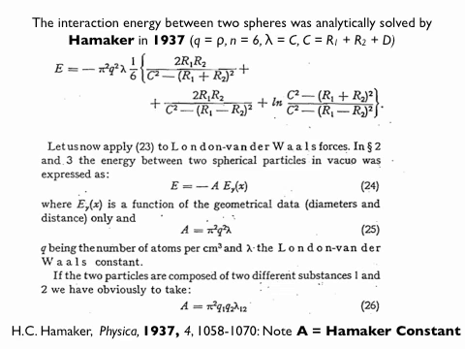And effectively what it came down to was a preterm there for n is 6 in this case, and a very, very long, chunky term that basically described the distance between the two particles and the radii of the two spheres. The little chunky bit in front is called the Hamaker constant.